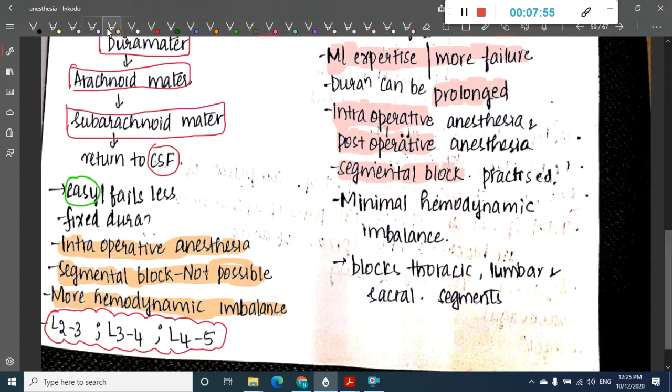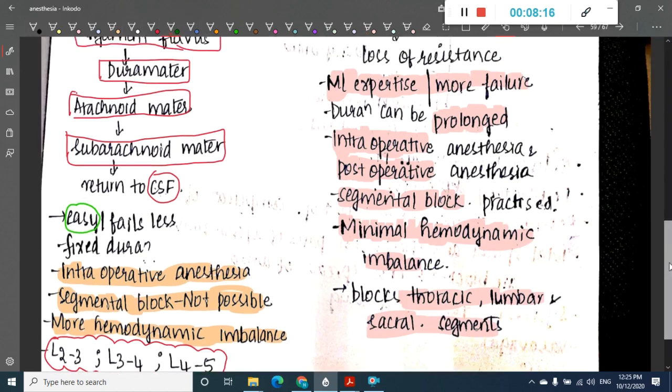And here you will also see minimum hemodynamic imbalance. It will block thoracic, lumbar and sacral segments also. But in spinal anesthesia, it will only block lumbar segments, that is L2, L3, L4, and below that. What is important here is that you can give post-operative anesthesia, and you can give a segmental block with the help of this.